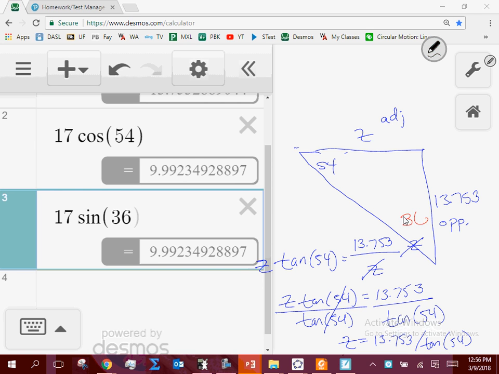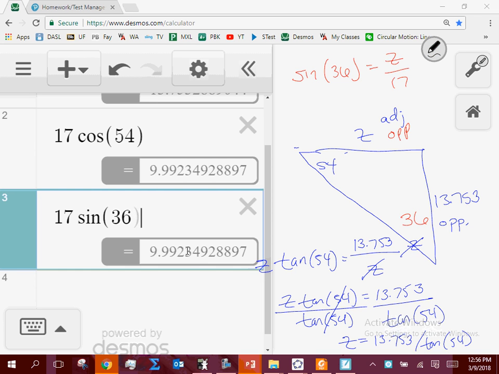So 36 would be here, correct? And if I wanted to find out what the z is, I could say sine of 36 is equal to z over 17, opposite over hypotenuse, because now this side, z, would be opposite, and multiply both sides by 17, and I get the same exact value.